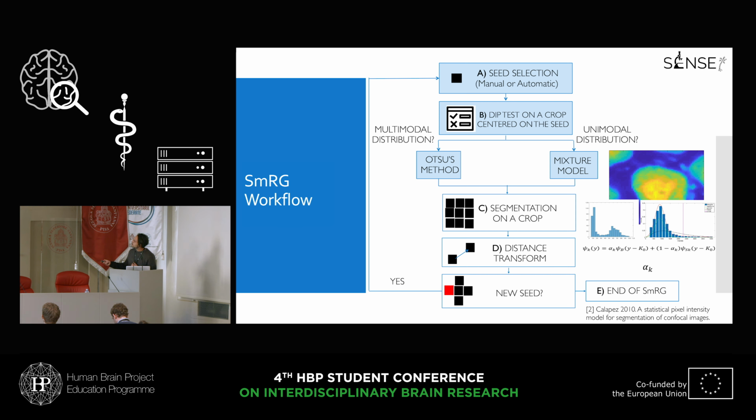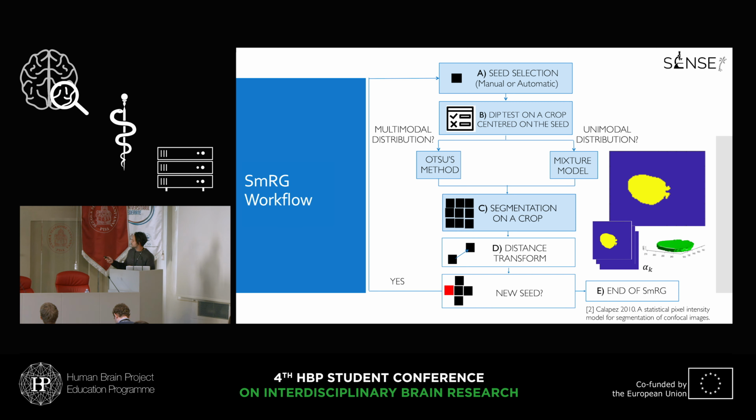And basically, by tuning and controlling just the mixture parameter, we can set a soft threshold on what is foreground and what is background. And once this threshold is set, the segmentation proceeds on a local crop.